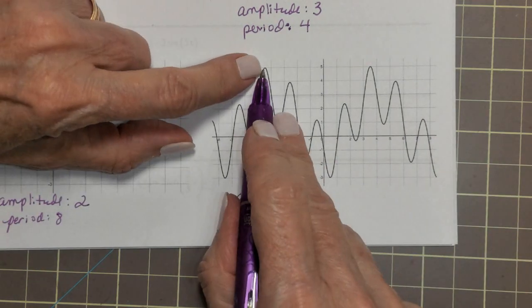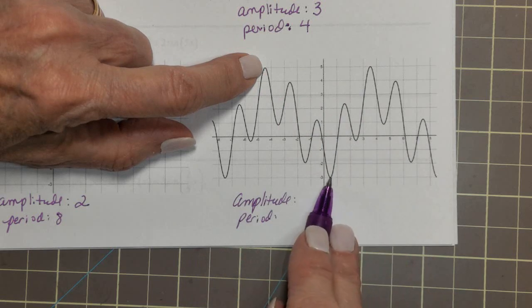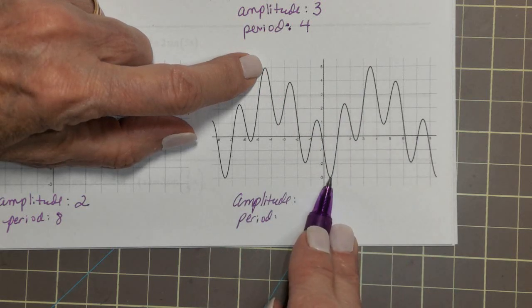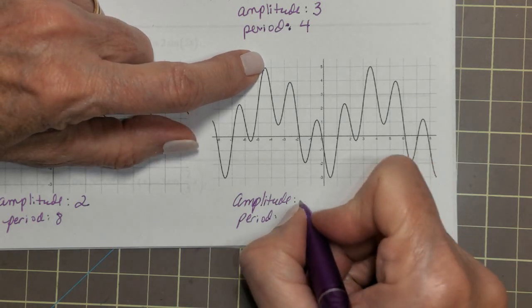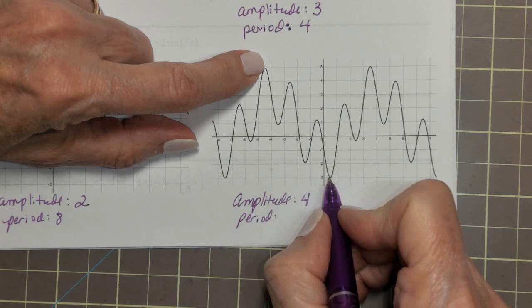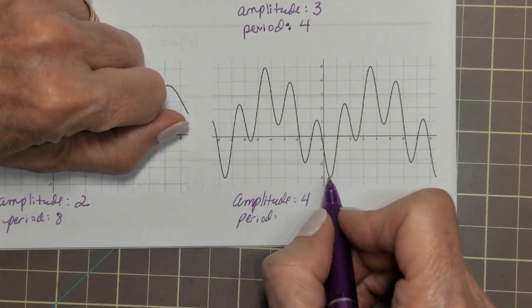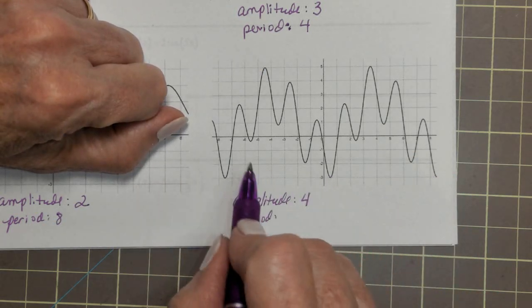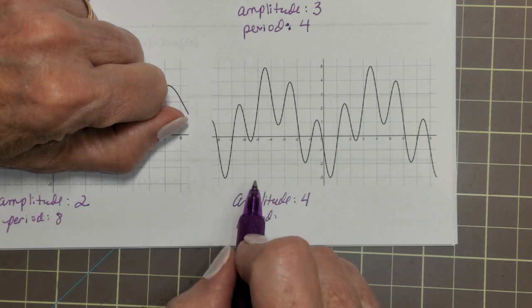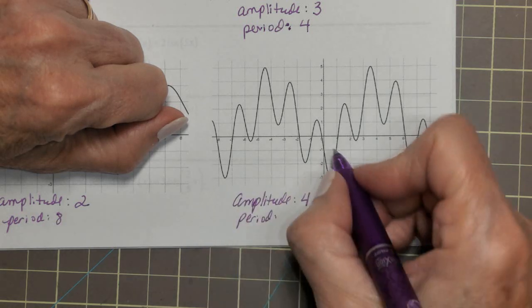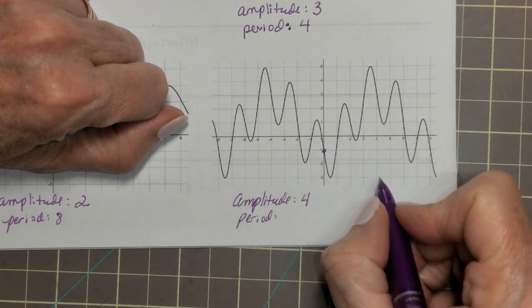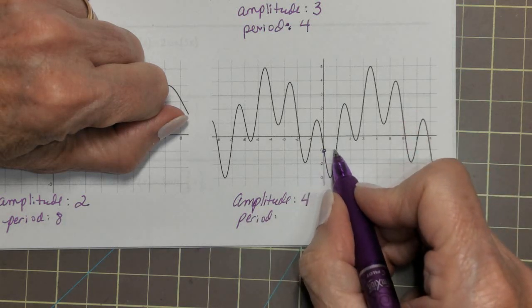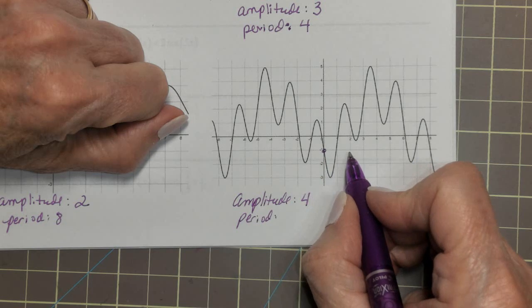Amplitude. High, low. The high is 5, the low is negative 3. That distance is 8. Half of 8 is 4. Okay, the period. I'm going to try to find a spot where they kind of cross. Looks like it kind of crosses right here. So where does it begin again?